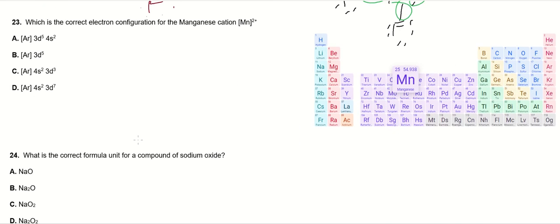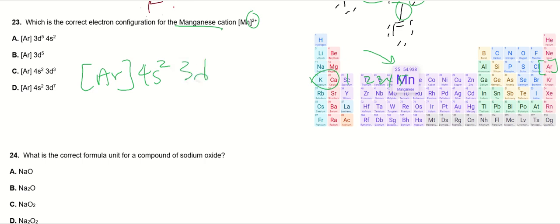Okay. Manganese, it's right here. 25 electrons, but we've got to remove 2. A neutral manganese is going to have an electron configuration of argon plus the 4s2, plus the 3d5.